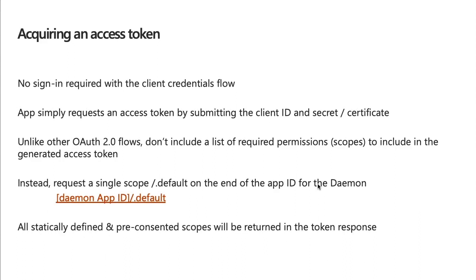Now, note the scope specified when requesting an access token. In other scenarios, the code specifies the exact permission the application needs. But the scope to request for a client credential flow is the app ID followed by the .default endpoint. This tells Azure AD to use the application-level permissions declared statically during the application registration process.